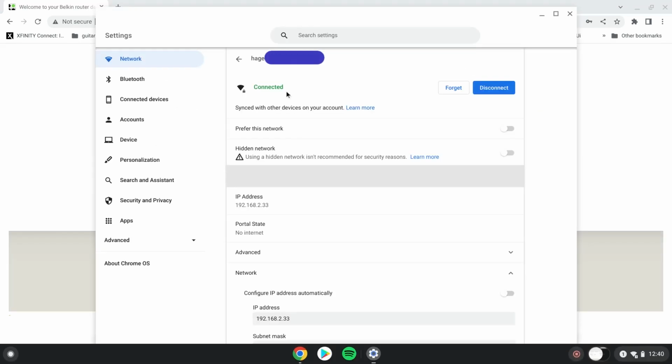Okay, this is how I have my tablets configured. This is actually my Chromebook. I'm using a static IP address, 192.168.2.33. That last number could be anywhere from 2 to 253. But I have automatic configuration disabled. I'm not using a DHCP server. I'm using a static IP, as you can see there.